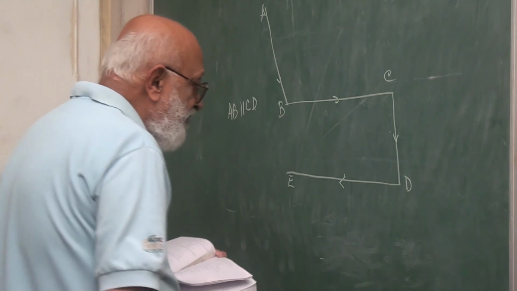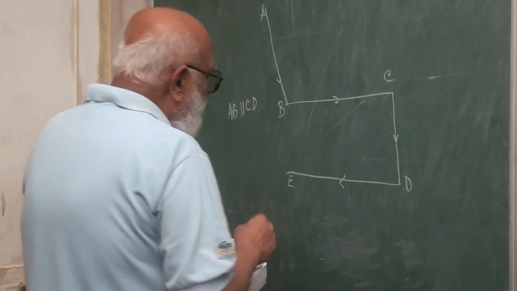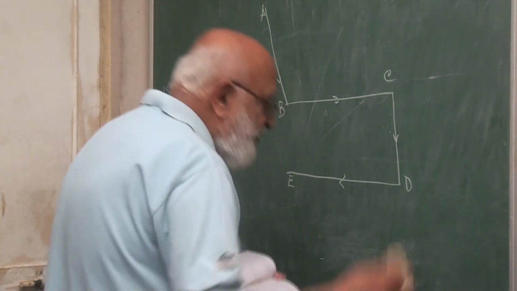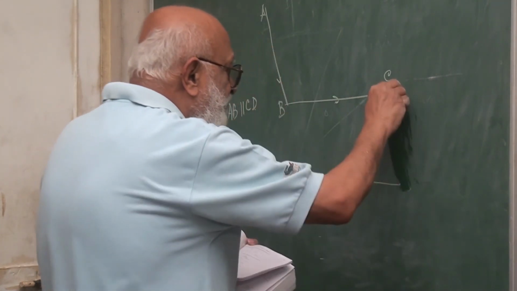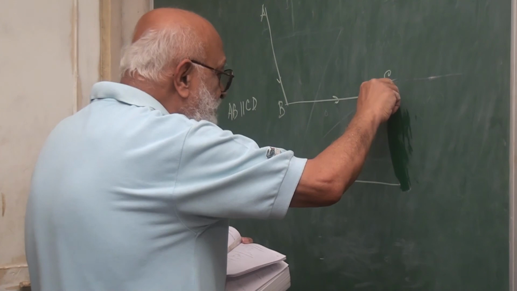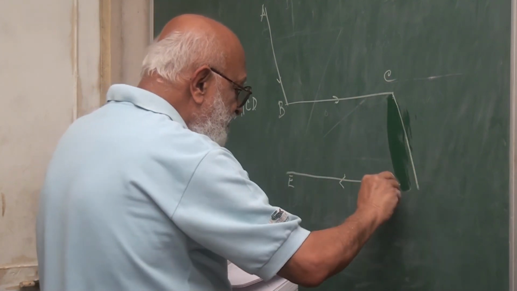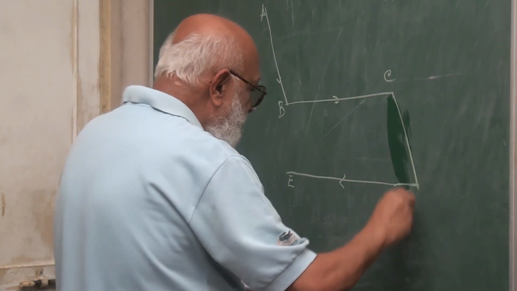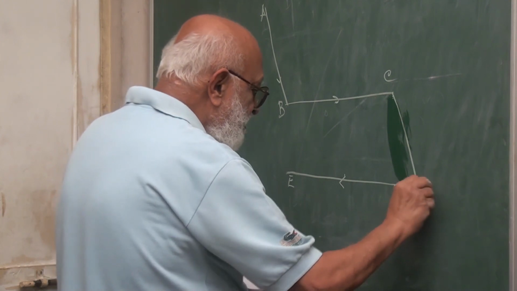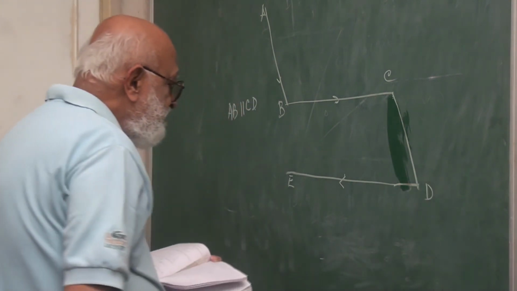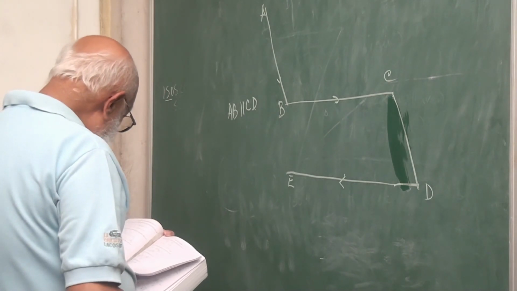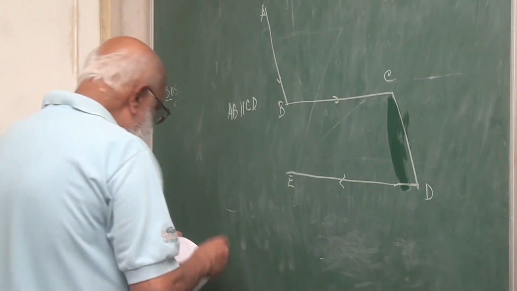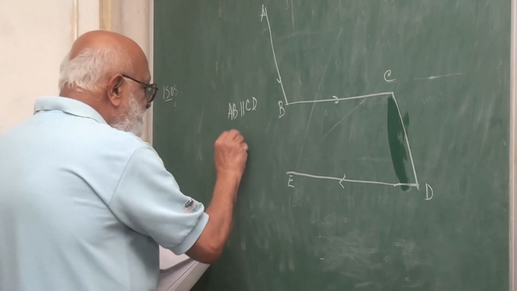Okay. A good sketch is also very, very important, in the sense that this will open up the possibilities. So let me draw it parallel to AB. And BC is parallel to ED.